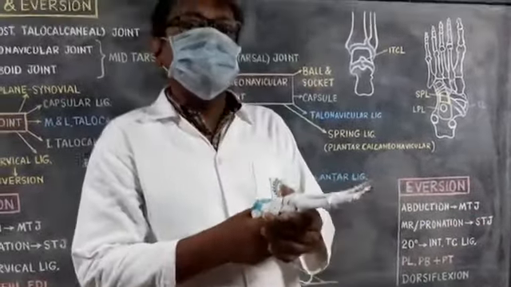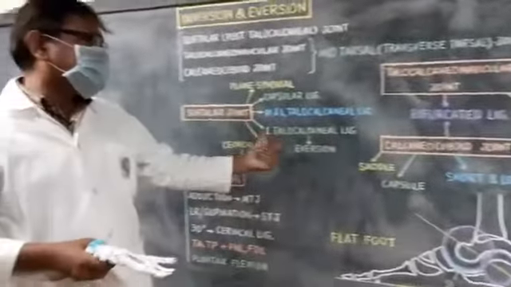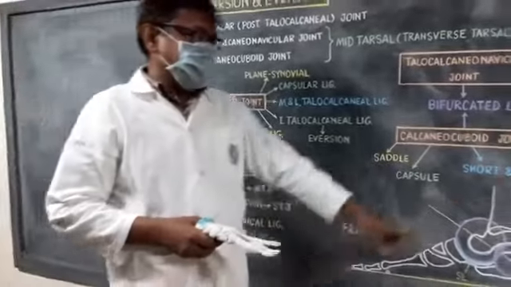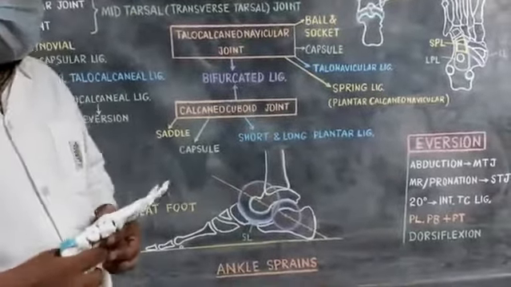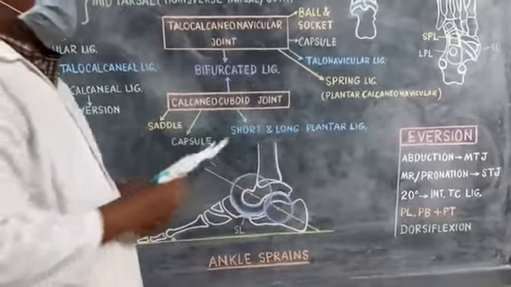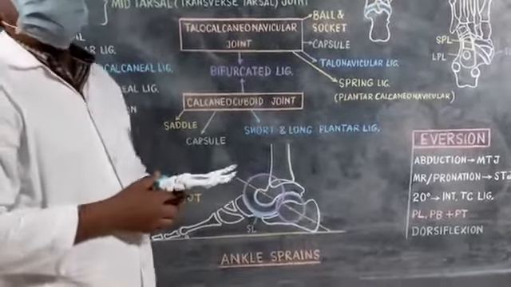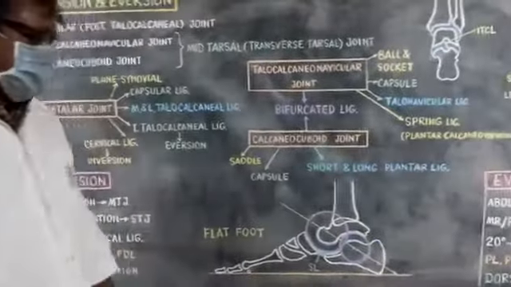Range of movement is 20 degrees, and here the interosseous talocalcaneal ligament becomes taut. Peroneus longus and peroneus brevis are principal muscles, and peroneus tertius acts as accessory muscle of eversion. And this eversion is associated with dorsiflexion at ankle joint.